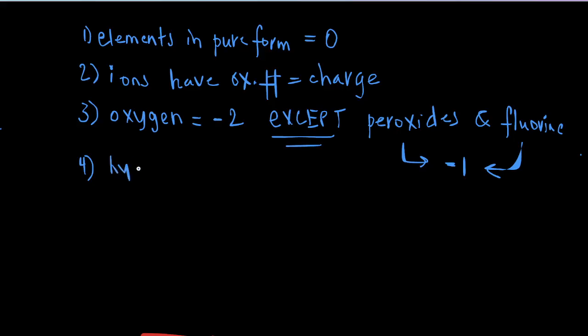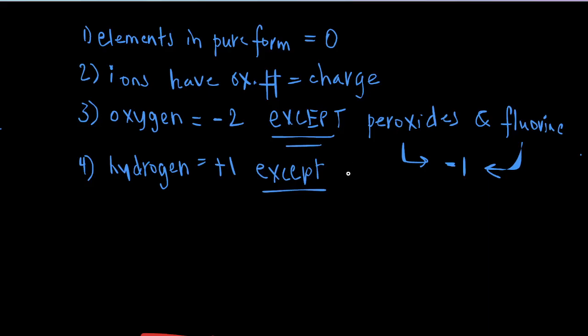Moving on then to hydrogen. Hydrogen also is going to have an exception. Generally, hydrogen is going to have an oxidation number of +1. Again, when it's in a compound, not in its pure form, but when it's incorporated in some compound, it's going to be +1, except when we're looking at metal hydrides.